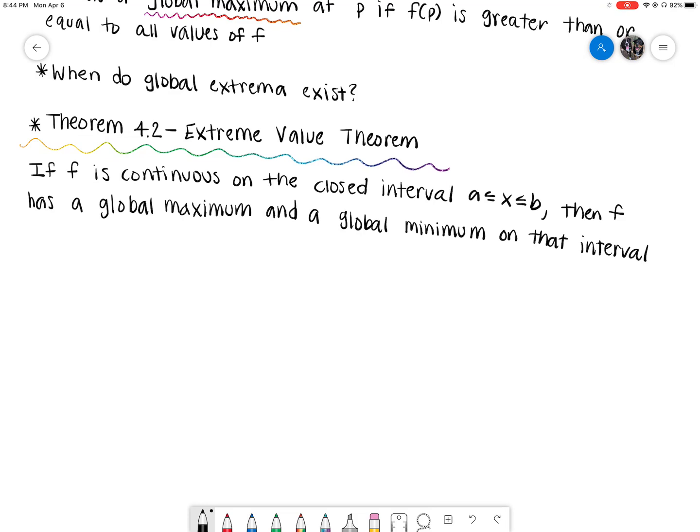So if f is a continuous function on a closed interval, then f has a global max and a global min. Cool, now we know when it exists.